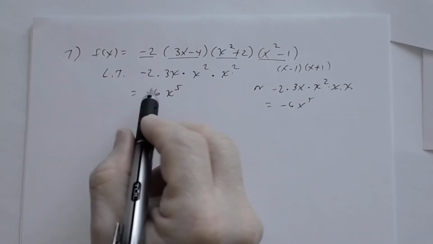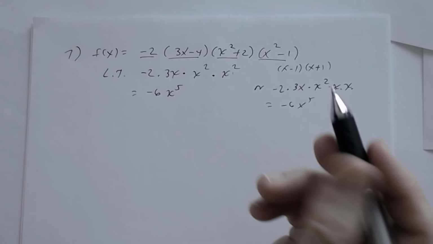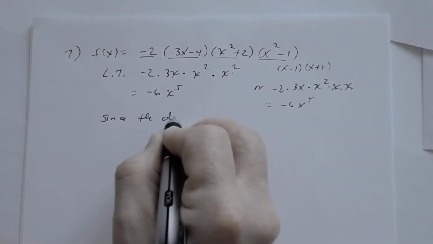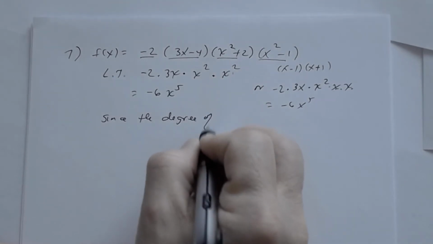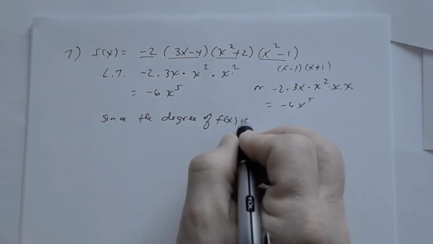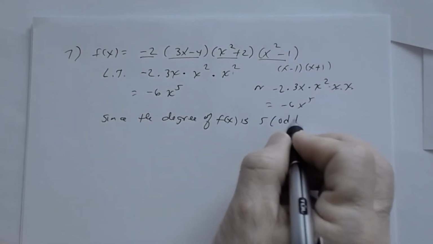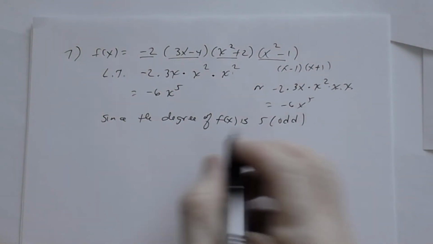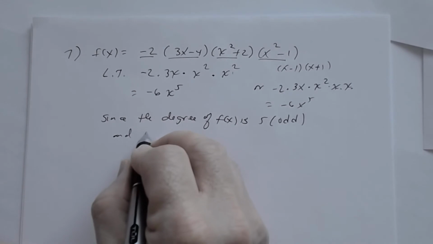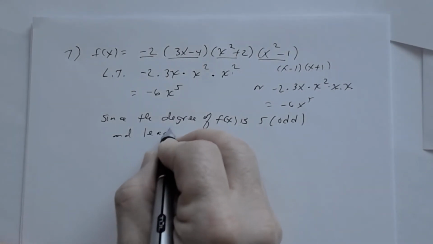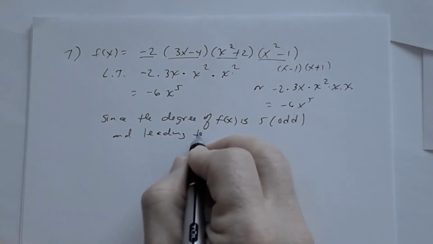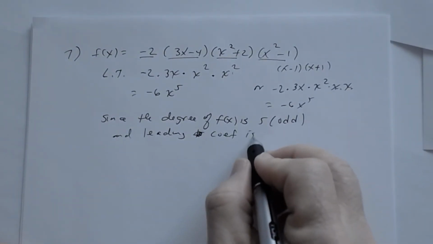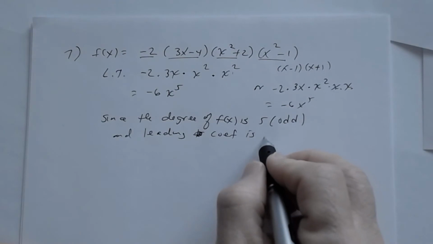All right, so now I can determine the end behavior. Since the degree of f of x is 5, which is odd, that means they're pointing in opposite directions. And let's look at the leading term now. I'm sorry, I didn't mean the leading term, I mean the leading coefficient. And the leading coefficient is negative 6.